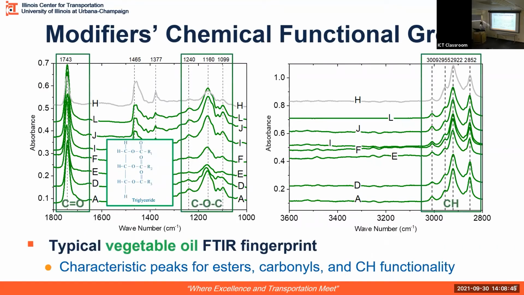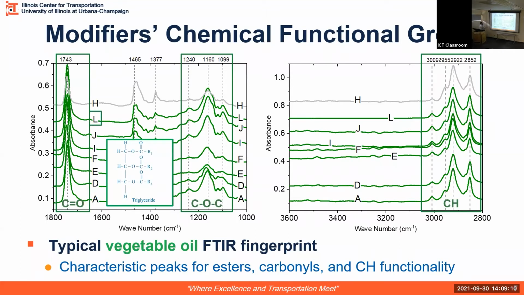The vegetable oils, which are highlighted in green, typically consist of triglycerides, and have characteristic peaks of esters and carbonyl groups and some methylenes, which is a typical hydrocarbon present in any organic material in oils. And so we could see the fingerprint present in the oil-based modifiers using FTIR.